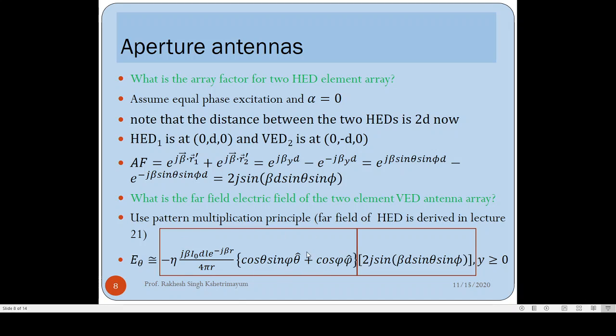And once I have the electric field in the far field of the horizontal electric dipole, if I want to find the electric field of the two element horizontal electric dipole array, then I just multiply by the array factor. The array factor we have just calculated as 2j sine of beta d sine theta sine phi. And these fields exist only for y greater than or equal to 0. It's in the right half space. In the left half space, you cannot use this equivalent problem and find the fields.